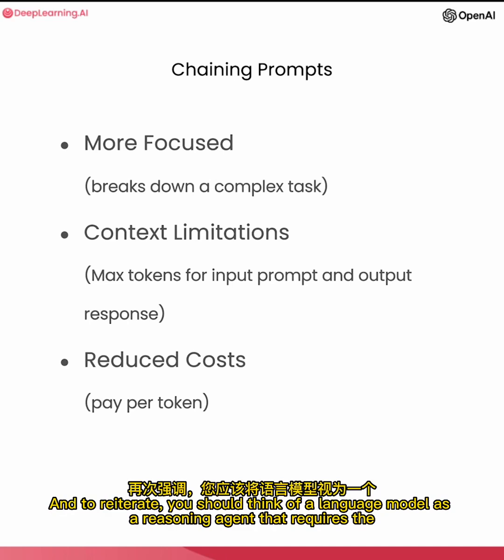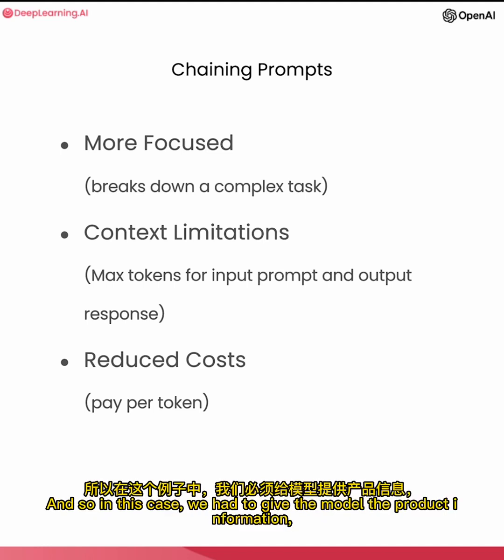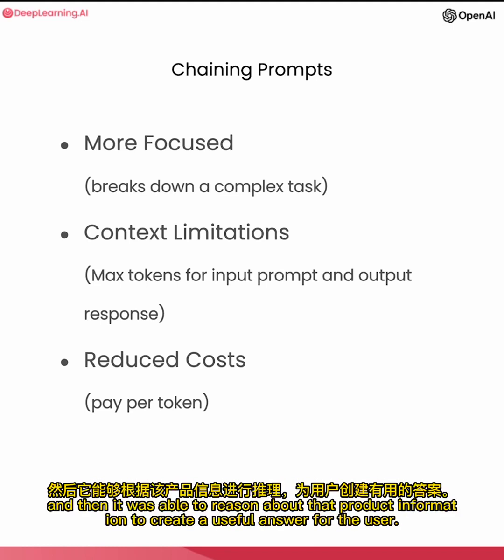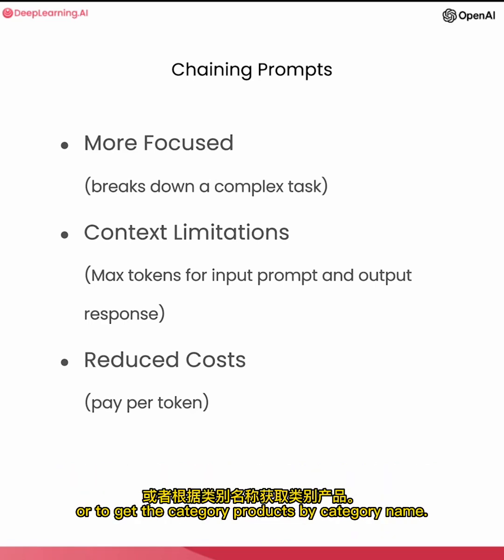And to reiterate, you should think of a language model as a reasoning agent that requires the necessary context to draw useful conclusions and perform useful tasks. And so in this case, we had to give the model the product information, and then it was able to reason about that product information to create a useful answer for the user. And in this example, we only added a call to a specific function or functions to get the product description by product name, or to get the category products by category name.